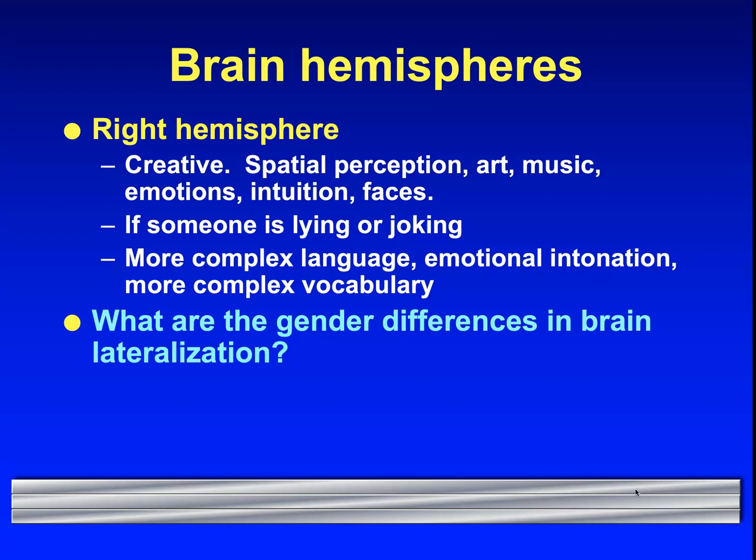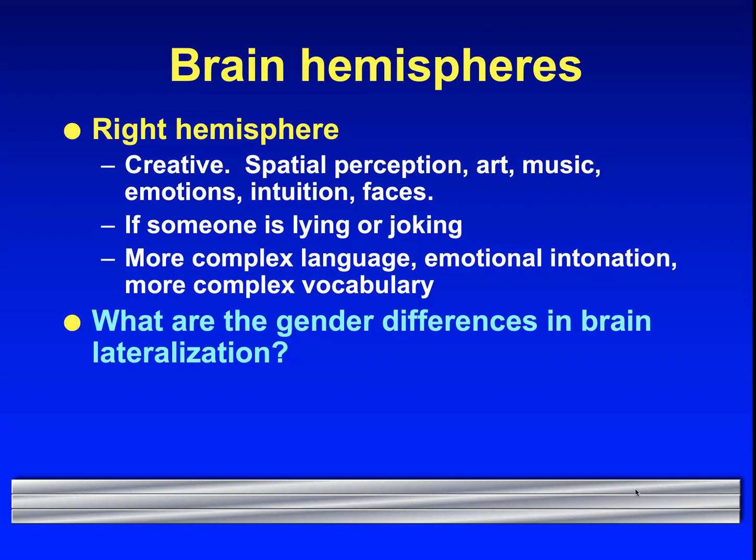And there is a gender difference in that men tend to be more lateralized. Men do tend to be more left brain or right brain. Females tend, so I should say females because it's a sex thing, not a gender thing. So females tend to be able to use both sides of the brain and pull things back and forth more than males do.